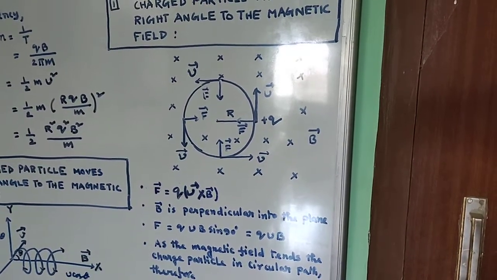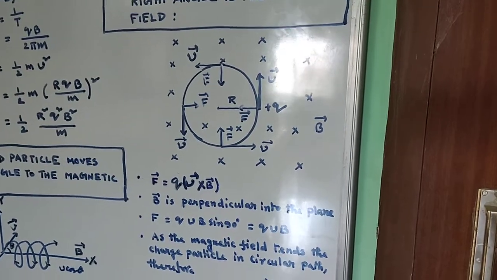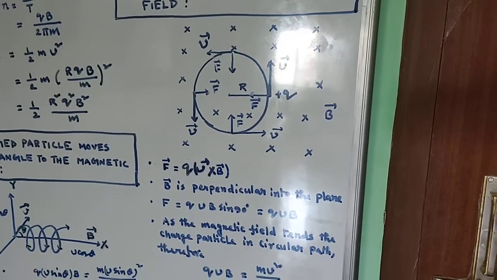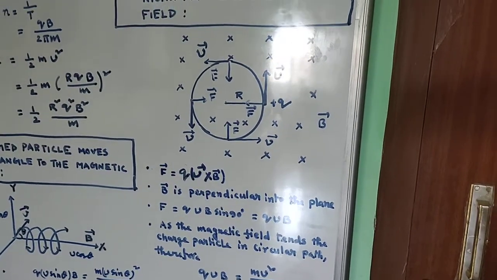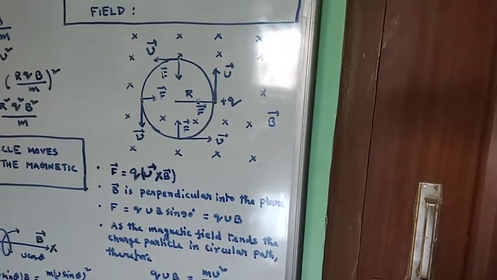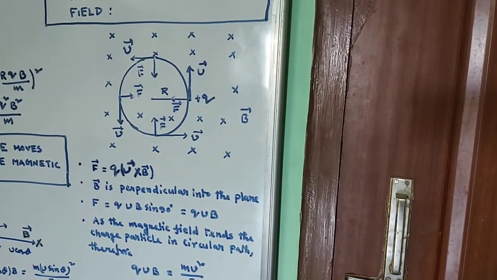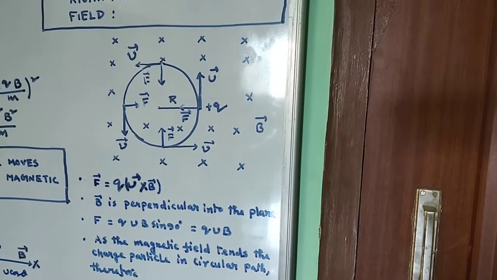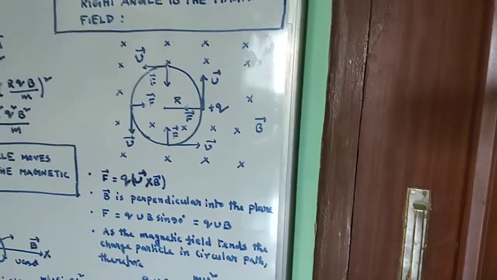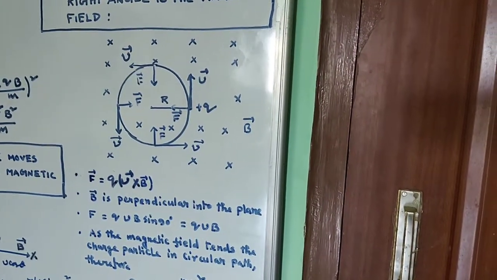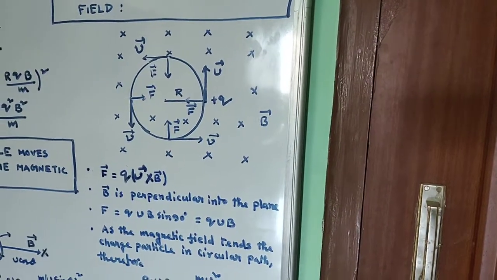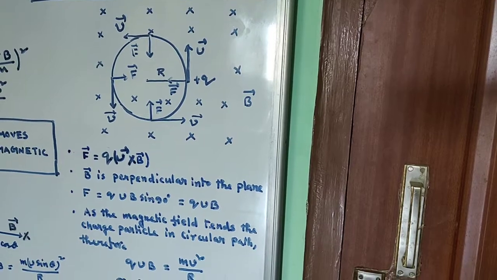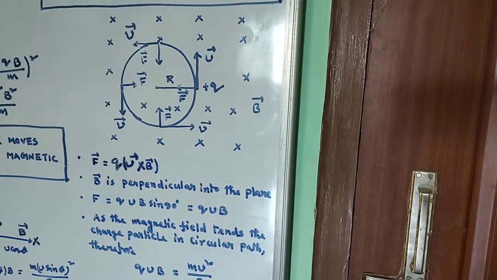The expression for the force we already defined in our previous class, that is F vector equal to q V vector cross B vector, and B vector is perpendicular into the plane. As V vector and B vector are mutually perpendicular to each other, because we are applying Fleming's left hand rule, F is qvB sine 90 degrees, so the force is qvB.